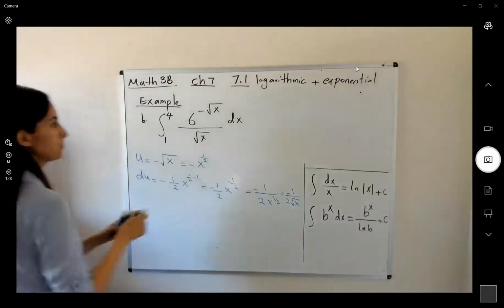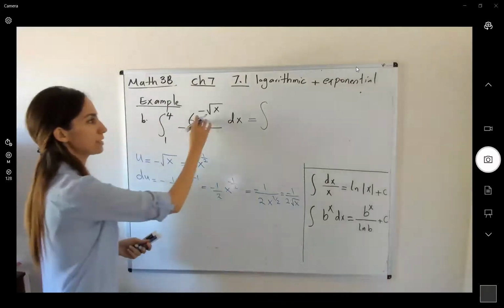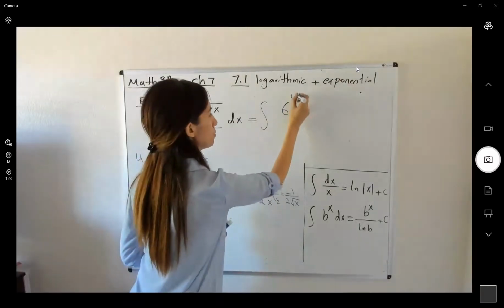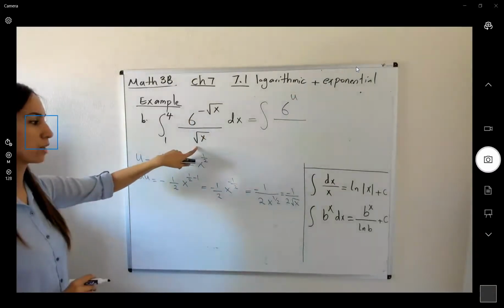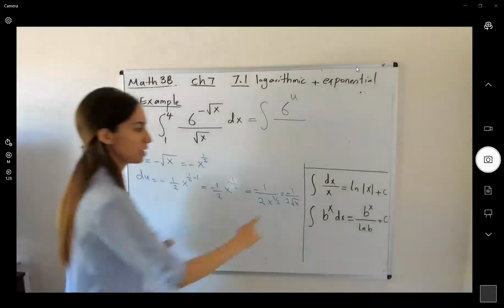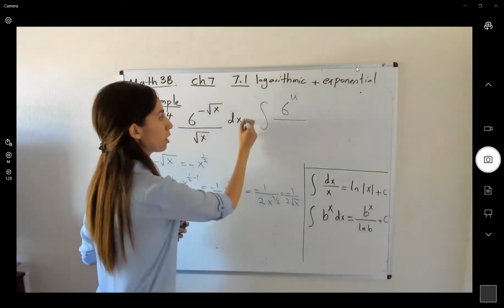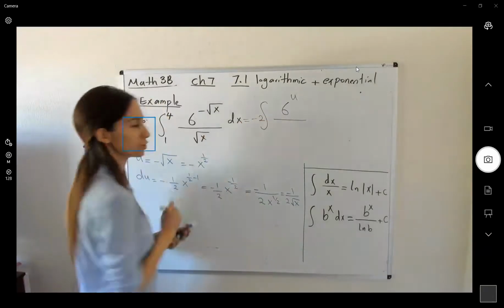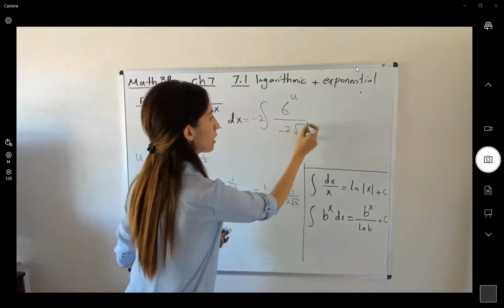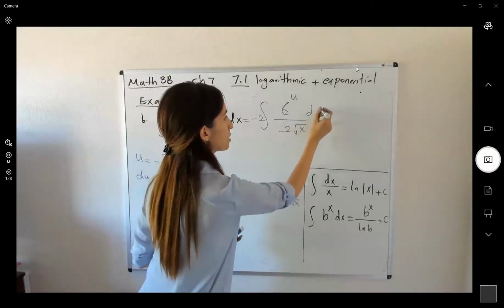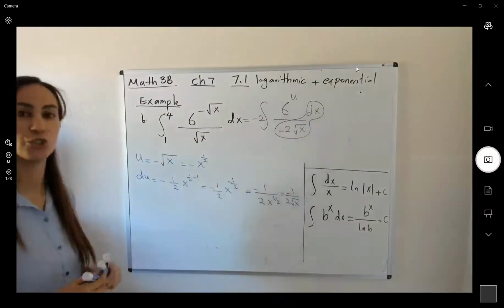This integral can be written as the integral of 6 raised to u. On the denominator, we have square root of x. What's missing? Negative a half is missing. So if you multiply this by negative 2, on the denominator you get minus 2 square root of x, and you have dx. This is your du.